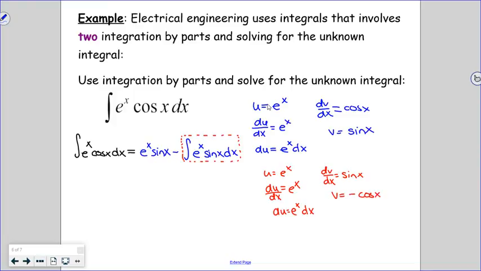All right. So coming in here, I'm going to now integrate that by using my integration by parts. So u is e to the x, and times v is negative cosine x, so negative e to the x cosine x.